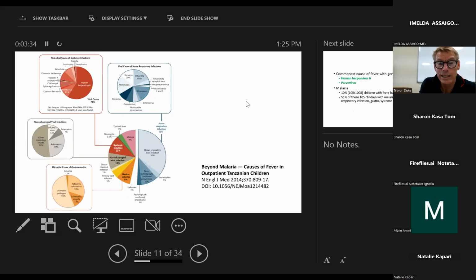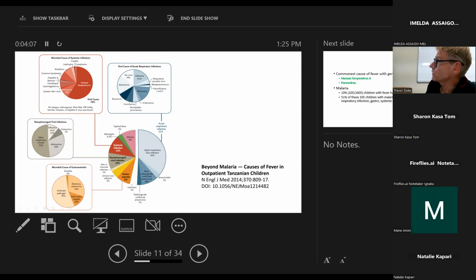And then this is a bit harder to see, but they've then broken it down into the different pathogens causing fever, and of those different clinical syndromes, what sort of pathogens they were. So of those with the upper respiratory tract infection, some of them were influenza, some were rhinovirus, some were coronavirus, enterovirus, adenovirus, and other viruses.